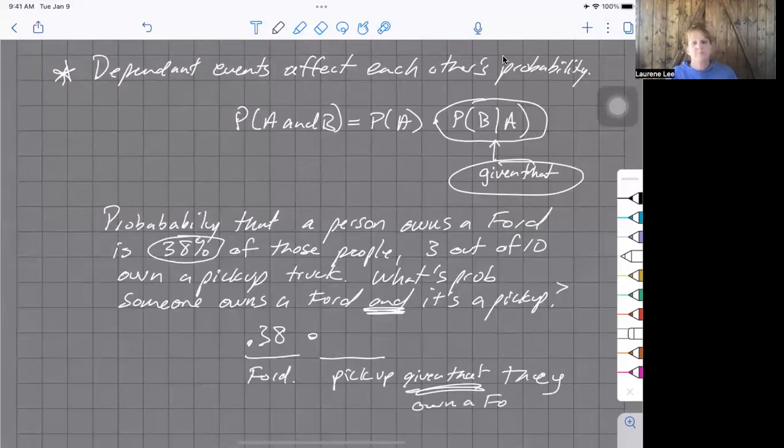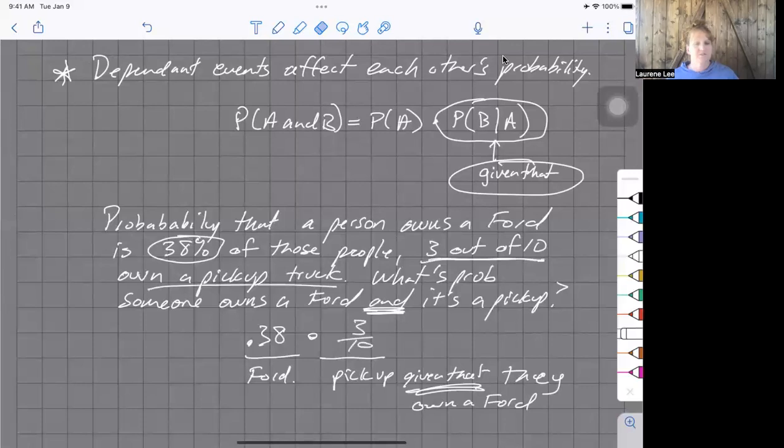So with that prerequisite that they already own a Ford, what's the chance that they have a pickup? And that's what this sentence is saying. 3 out of 10. Now 3 out of is a fancy way of saying divided by. So this is your fraction for you. 3 out of every 10 own a pickup truck of those that have a Ford.